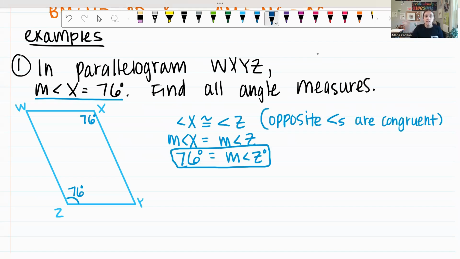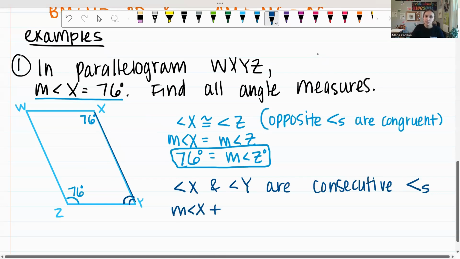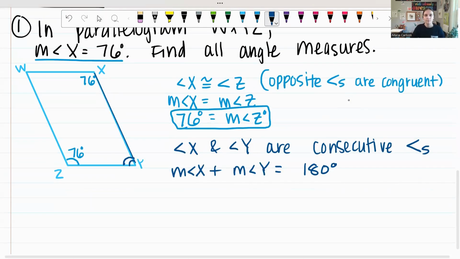Next, we can rely a little bit on what we know about consecutive angles. So I know that angle X, and I'm going to pick angle Y. X and Y are consecutive angles, meaning they lie on the same side. So if I want to find this angle measure, I can take the measure of angle X and add it to the measure of angle Y, and I know that they have to add to 180 degrees altogether because consecutive angles are supplementary.